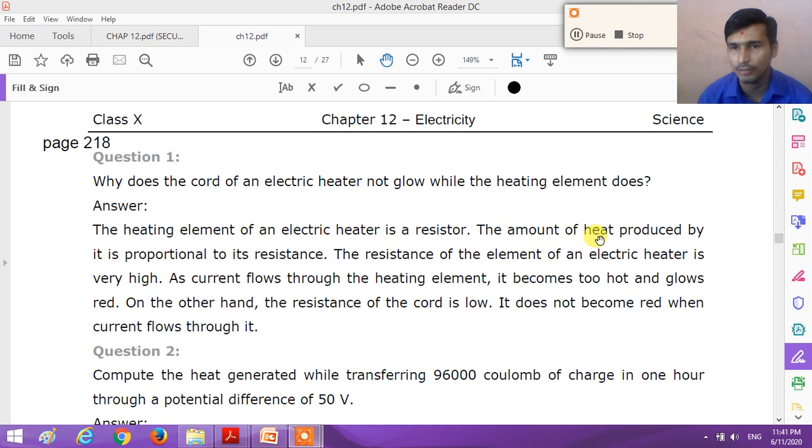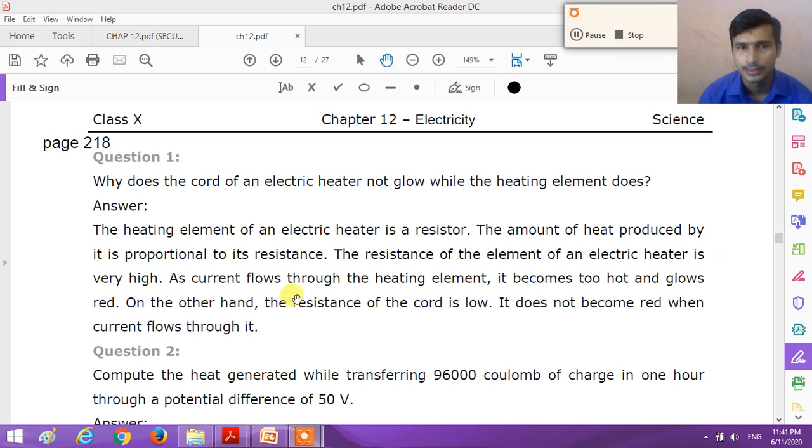The amount of heat produced by it is proportional to its resistance. The resistance of the element of the electric heater is very high.